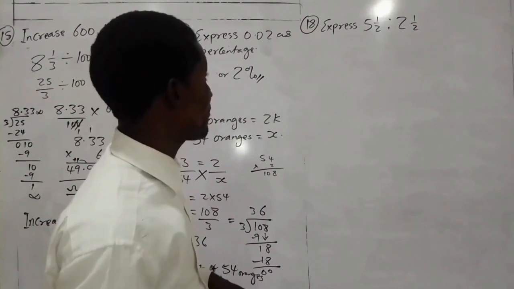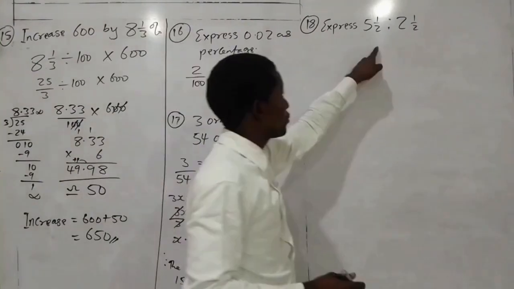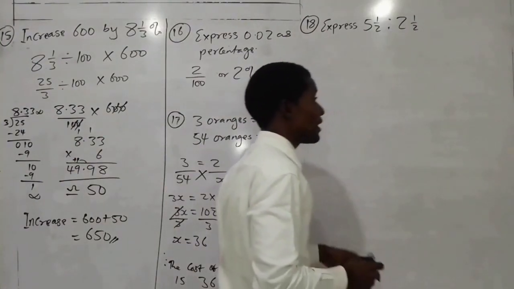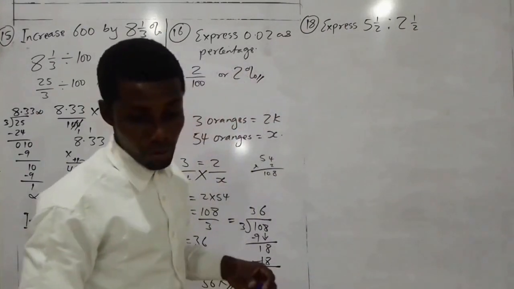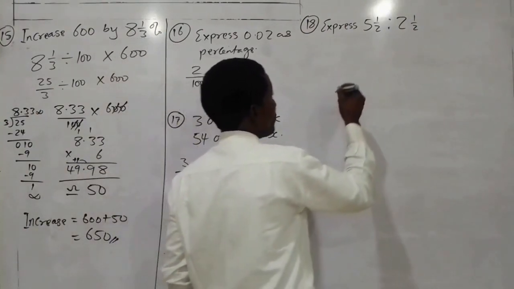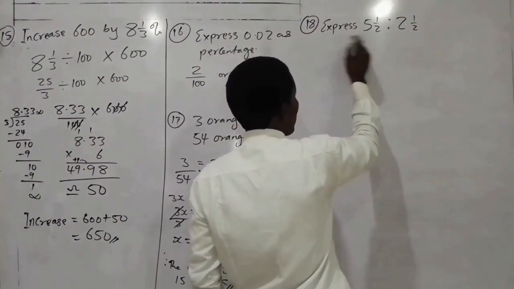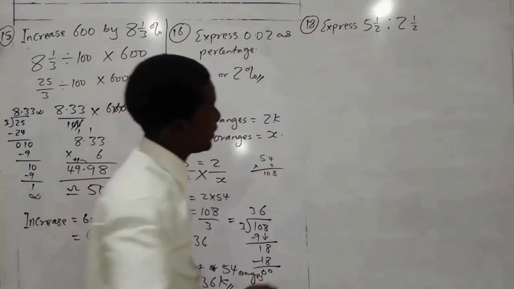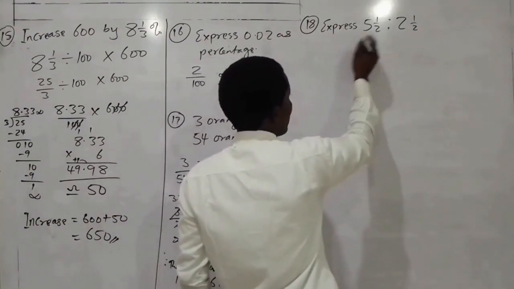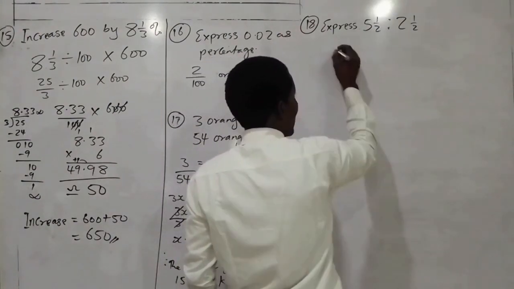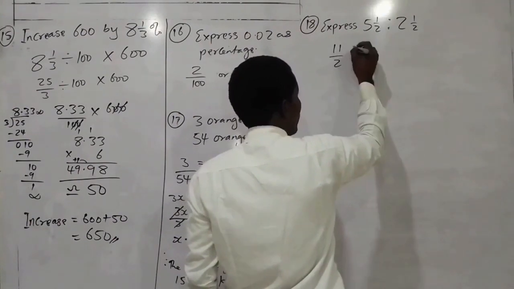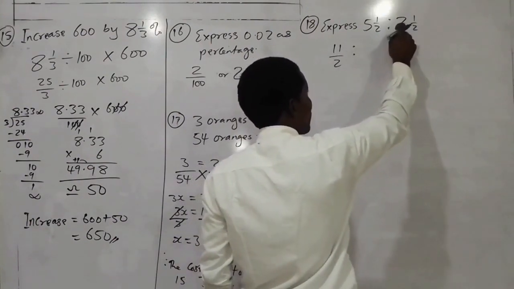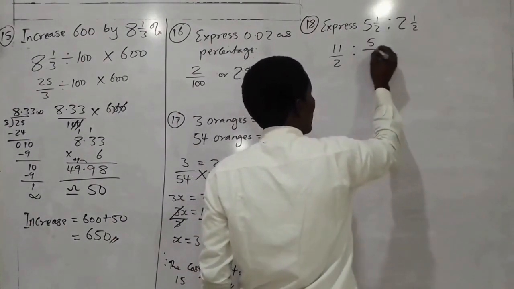Express 5 over 1 over 2 ratio 2 over 1 over 2 as ratio of whole number. So when we have this, we first of all change our number to proper or improper fraction. So we have 2 times 5, that's 10 plus this, that's 11 over 2 ratio 2 times 2, that's 4 plus 1, that's 5 over 2.